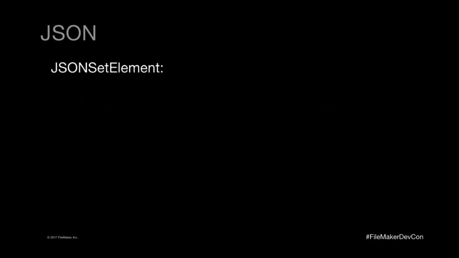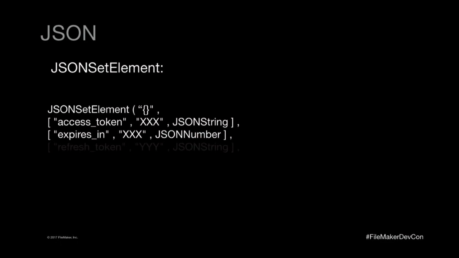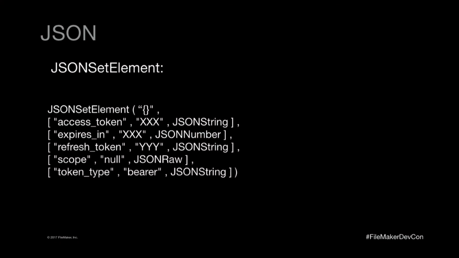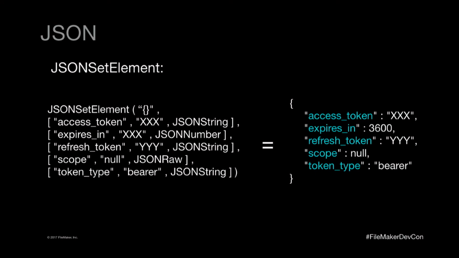Set Element is the opposite. It helps me to create new JSON objects inside FileMaker. So I have, for example, this calculation, and the result is this. It is basically the opposite. We have these expressions inside brackets that help us to create this one. When we use JSON Set Element, this is kind of a tricky function.